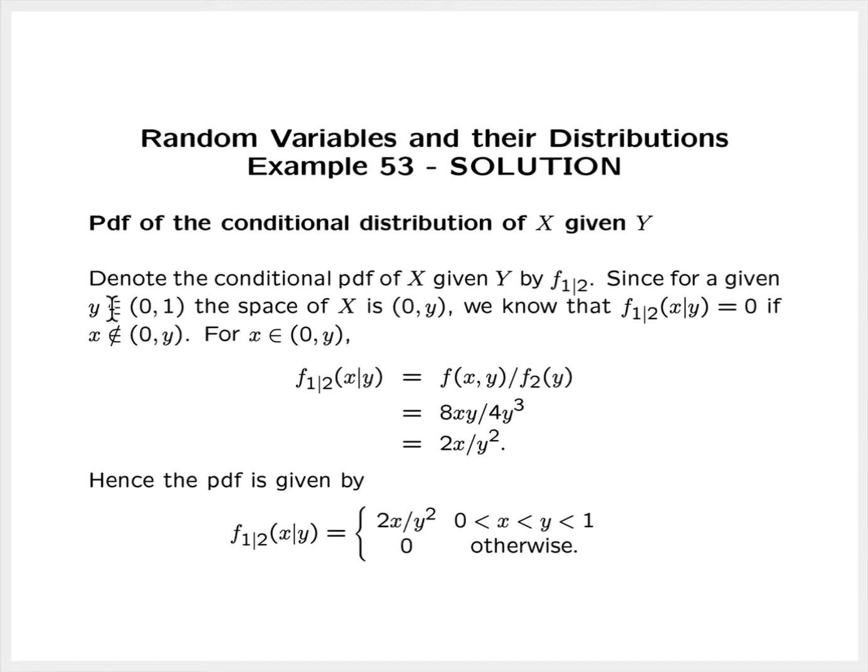For a given value of y in the unit interval, so that y is fixed, we know that x can be no larger than y. And so for a fixed value of y in the unit interval, the space of x is going to be the interval from 0 up to y.